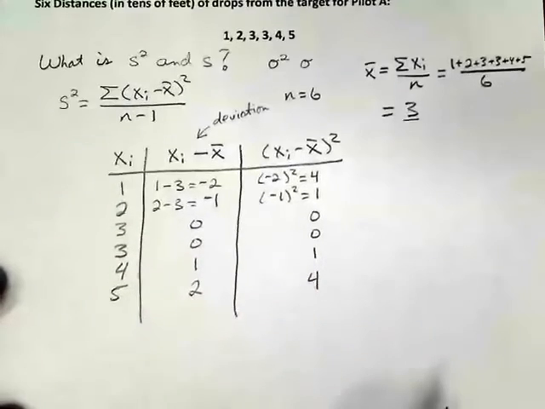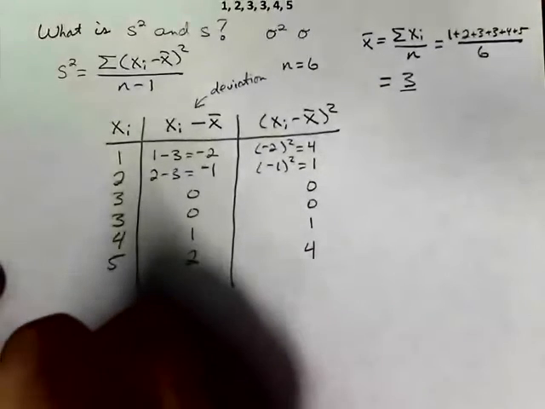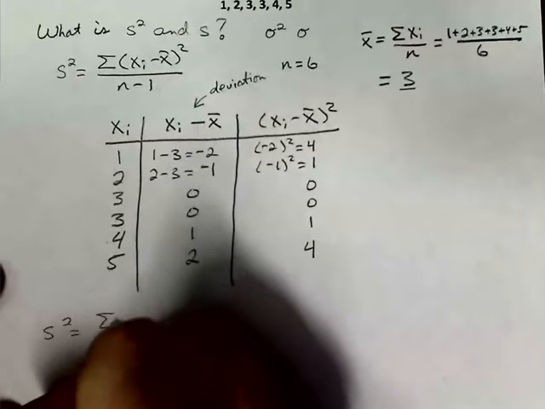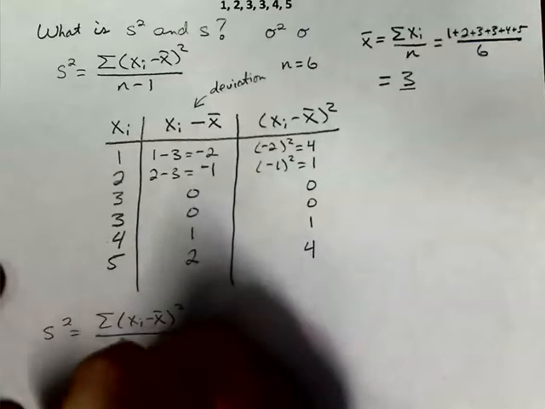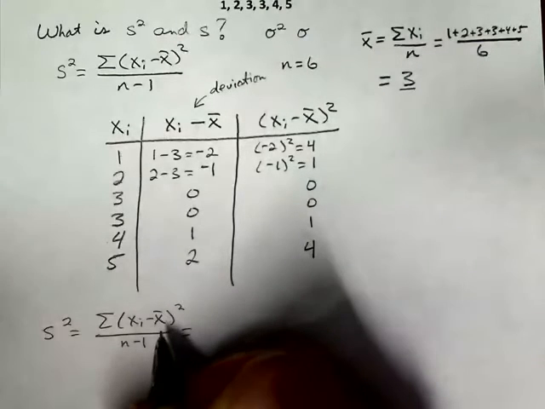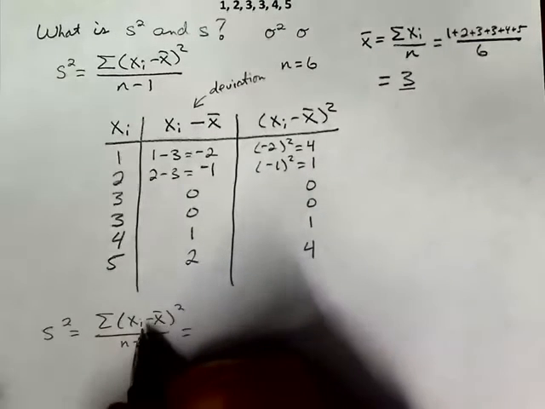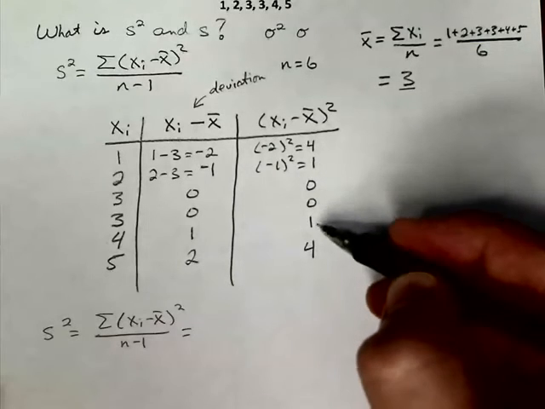So what I do next is I come back to my formula. Again, I'm looking at the sum of the squared deviations divided by n minus 1. The sum of the squared deviations is simply the sum of these numbers here.